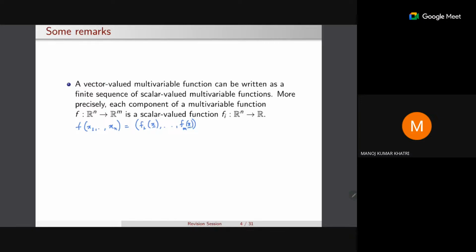So each component, you can split the vector valued function into m component functions, each of which is a scalar valued multivariable function, and then you can analyze that. For most cases, it is sufficient to look at scalar valued multivariable functions, which we'll be doing for the majority, if not all, of the remaining portion.